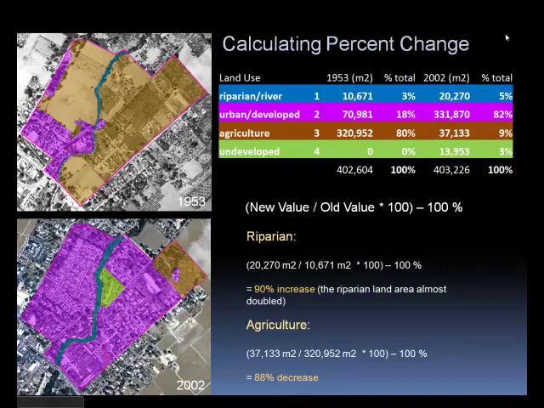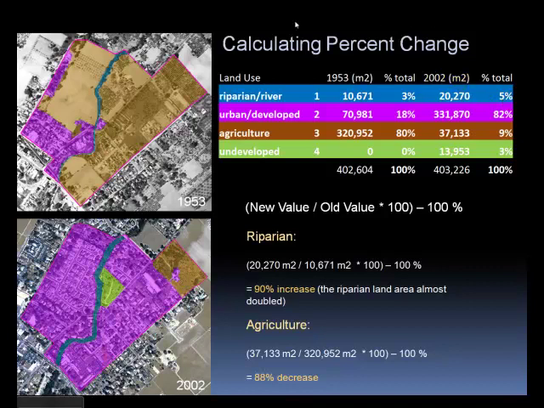I want to show this example really quick because I want to make sure that you aren't going to just calculate the change in percent total over time. So let's say you've got 4 categories. You have your acreage. I calculated it in meters squared. You can calculate the percent total for each year of each land use type. So the riparian area was 3% of the total in 1953, and it was 5% of the total area in 2002.